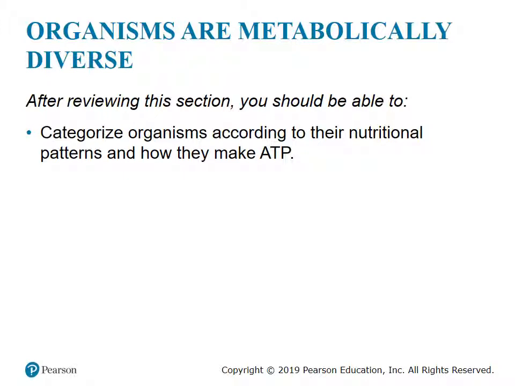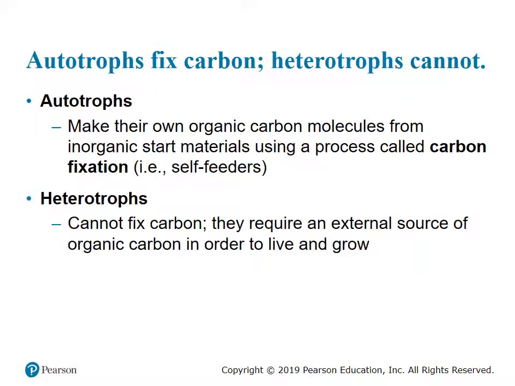We can categorize organisms according to their nutritional patterns and how they make ATP. Where do they get those sources? So if you're an autotroph, you can make organic carbon molecules from inorganic molecules. We call this carbon fixation. You can make organic carbon molecules from inorganic materials.